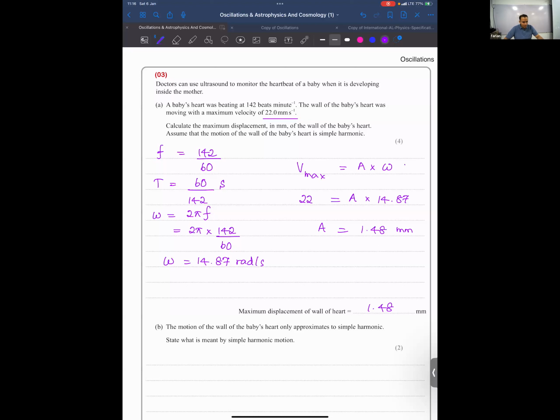And then the Vmax, the maximum speed, is given by A omega, right? So A is the amplitude. 22 is the Vmax given, in millimeters per second. I will just leave it as it is because the A is required in millimeters. So A into omega, 14.87, so you will get A in millimeters, 1.48.